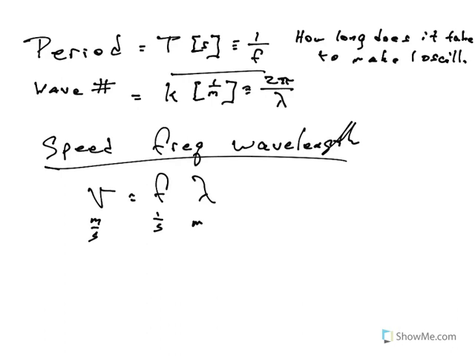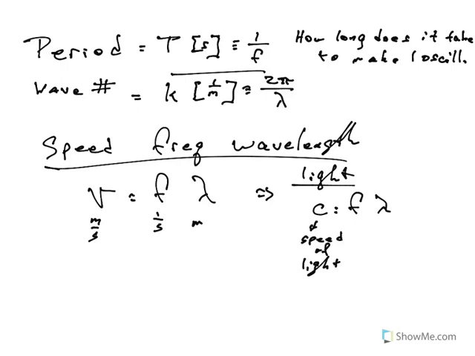Well, this is nice, and this is true for all waves, whether it's sound waves, light waves, water waves, any kind of wave you can think of, they all obey this equation. And so if we're talking about light waves, then this equation is made a little bit more special for light. It says c is frequency times lambda, because c is the speed of light, and this is a constant. 3 times 10 to the 8th.